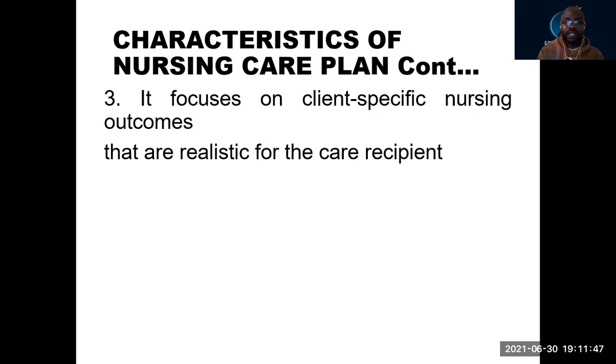It's not your goals as a nurse. It's not what you want to achieve at the end of your nursing interventions. It's what you want your patient to achieve. So these goals must be very specific and realistic. There must be goals that can be achieved.